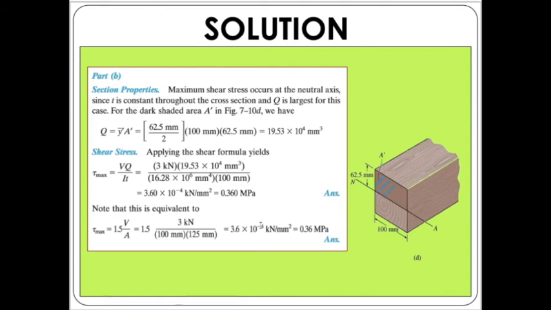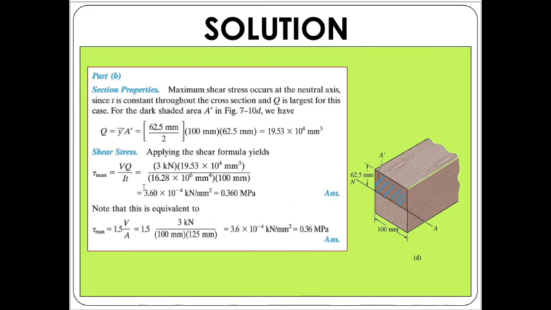But if you consider the bottom area, you will get a similar value, because it is a symmetrical section, a rectangular section. So we are going to calculate the Q value, then we calculate the shear stress as well.